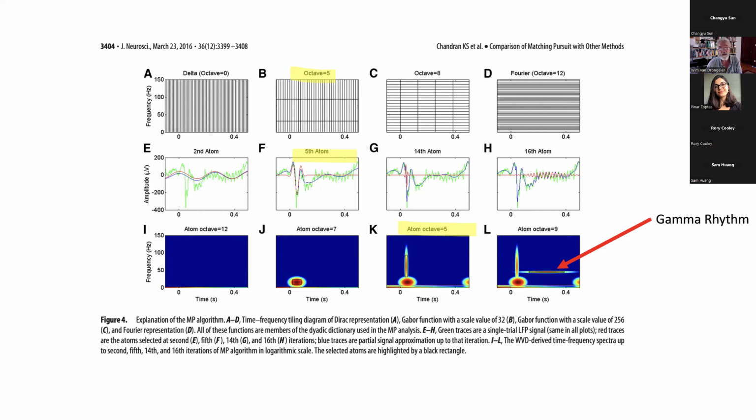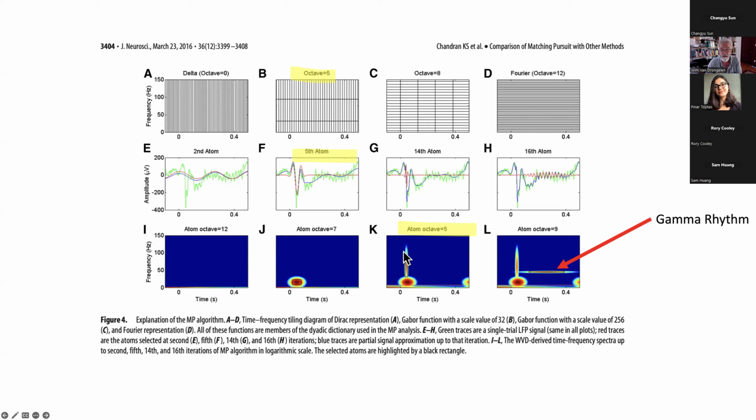And then based on that, for instance, I don't know why they put it in this way, but let's look at this one. Here you can see that at this octave, this 5th atom, they can fit this signal with this atom as follows. And if you put that into a color bar, you will see that this looks like this thing.